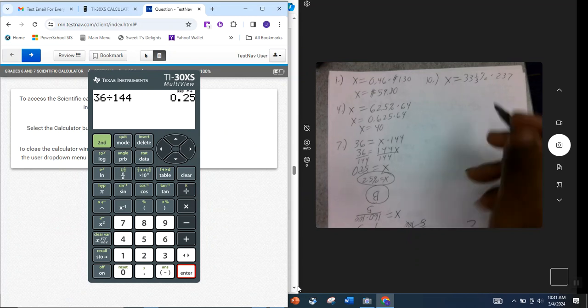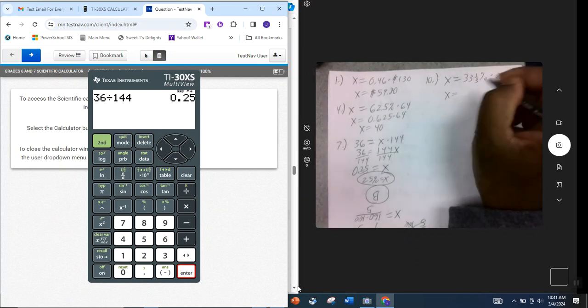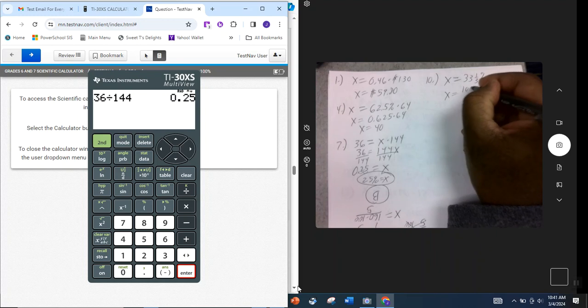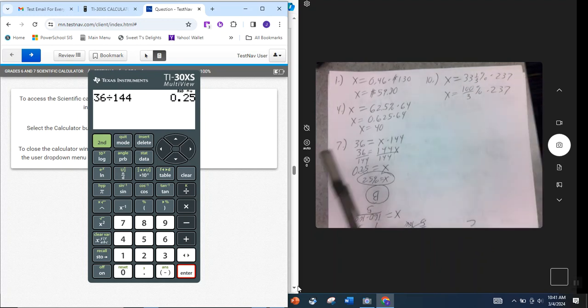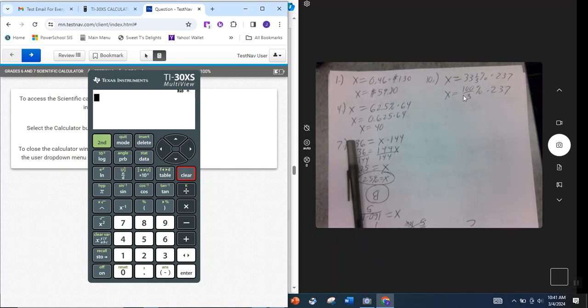Now, our 33 and a third, let's change that to a mixed number. This would be 100 over 3% times 237. So now, we're going to use our calculator to do this. So first of all, we will put our fraction, which we have here. So we will have 100, press the down arrow, over 3. Press the right arrow. Now we need to get a percent sign behind here.